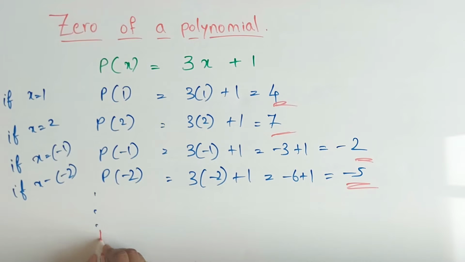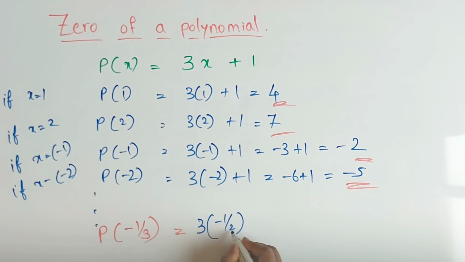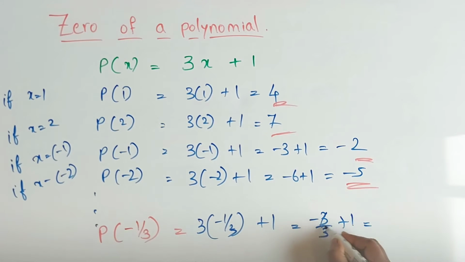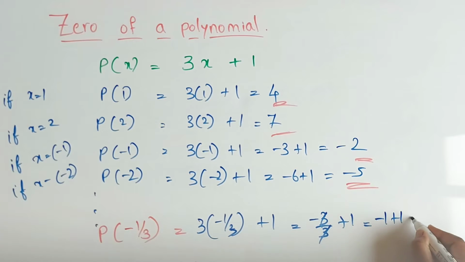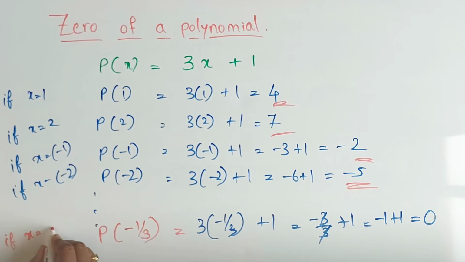Now we'll check with P of minus 1 by 3. Right, children? 3 into minus 1 by 3 plus 1. 3 into minus 1 by 3 is minus 3 by 3 plus 1. Minus 3 by 3 is nothing but minus 1 plus 1. It is 0. If x equal to minus 1 by 3, P of minus 1 by 3 equal to 0.